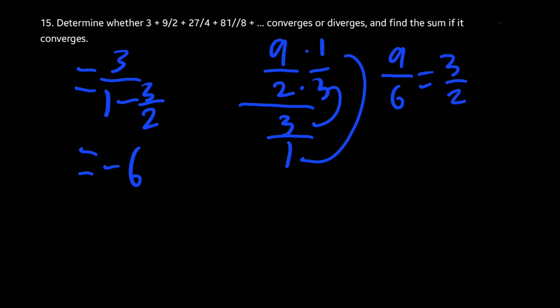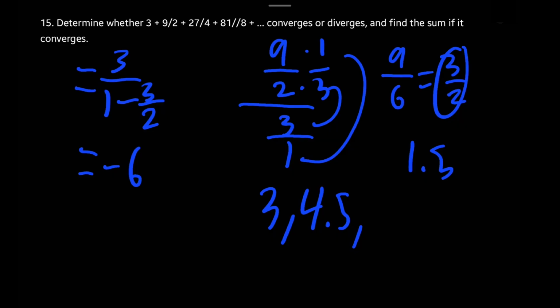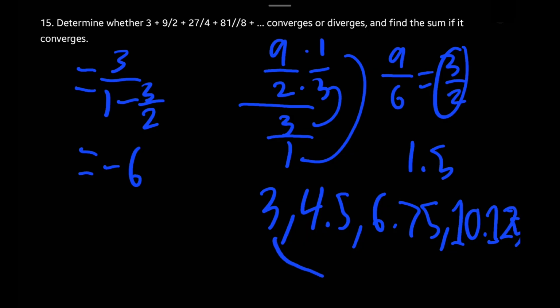So let's convert this 3/2 into 1.5. Let's plug it in: 3, then 4.5. 4.5 times 1.5 would be 6.75, and so on, 12.125. If you add all of these up and even continue, you'll end up with an enormous number.